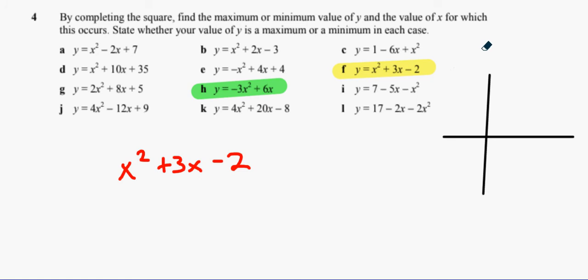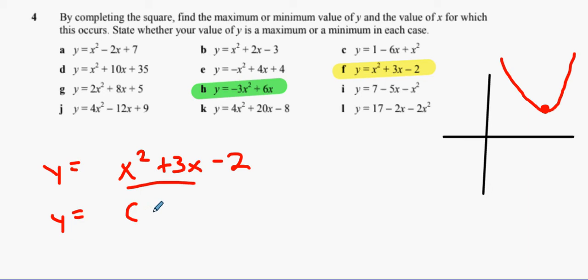Now, what we need to do is find out where it has its minimum point, okay? So we use the technique we learned earlier in the week. What do I do here? Replace it with... 3 over 2 squared.